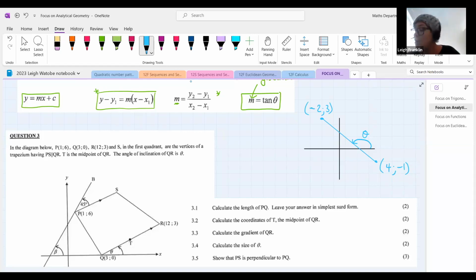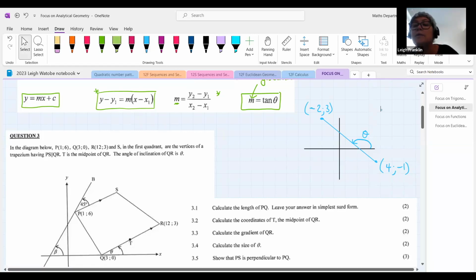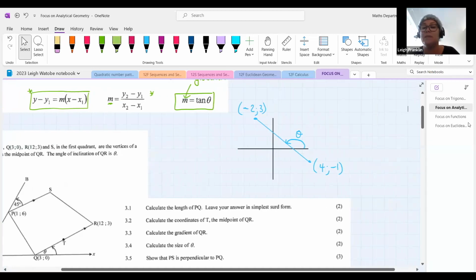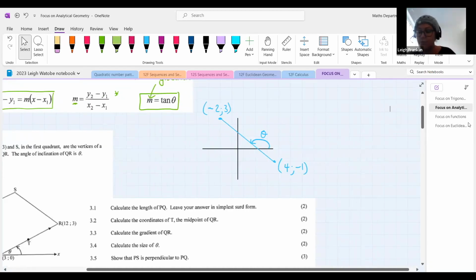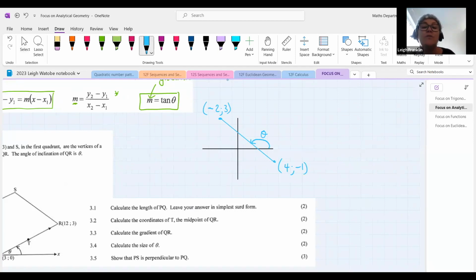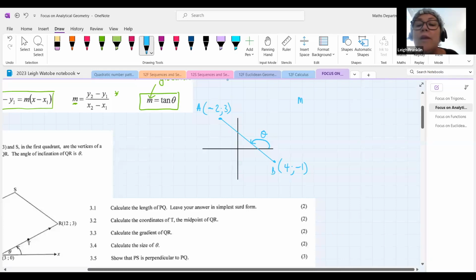So the correct way to set this out and to calculate this is as follows. First of all, we need the gradient of the line. If we call this point over here A and that one over there B, we need the gradient of line AB.